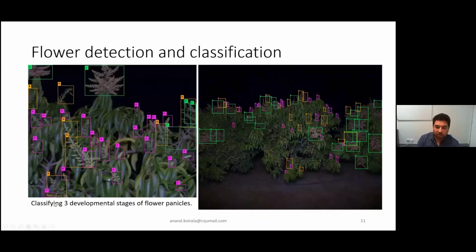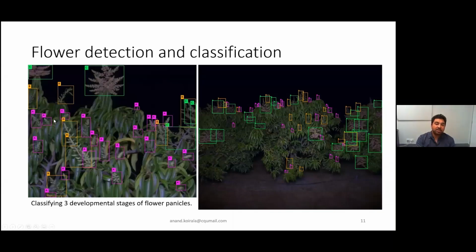So in the previous slide, that was only a case of one-class modeling. You have only one class as a mango or a fruit. Now here, when you do the flower detection and classification, you don't just detect that it's a flower, but you classify it into several stages. So you have three different stages of the flowering.